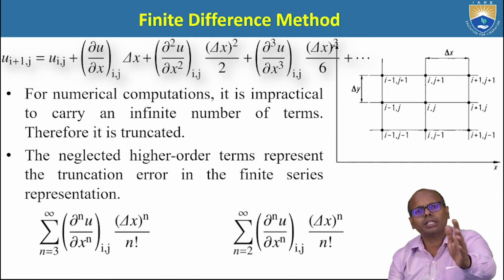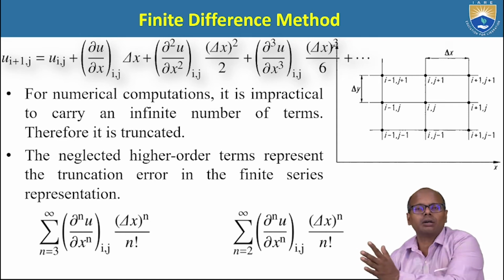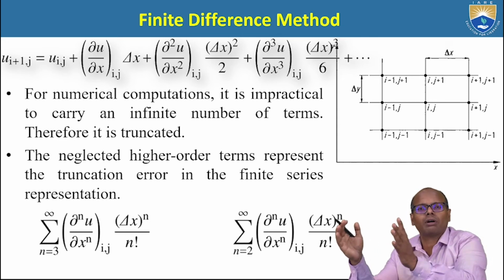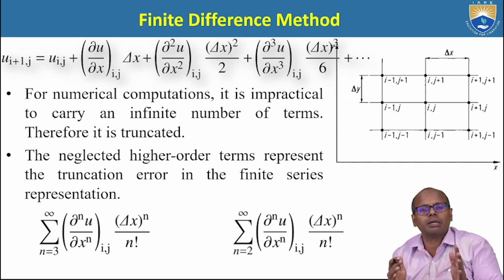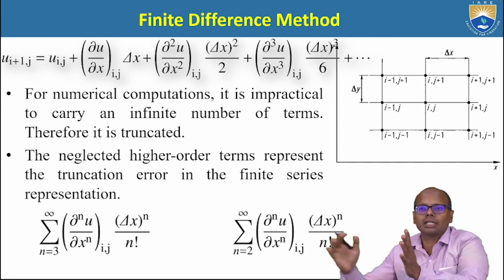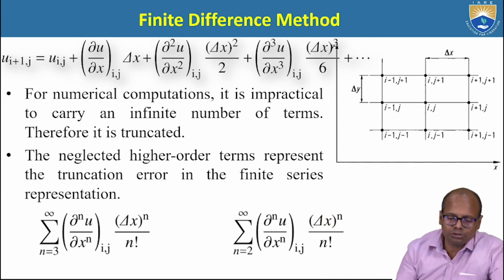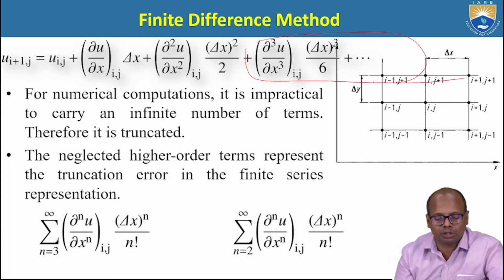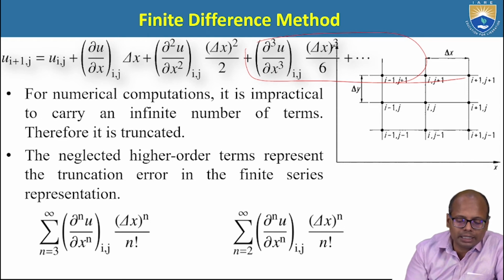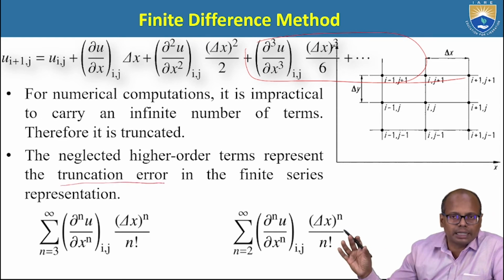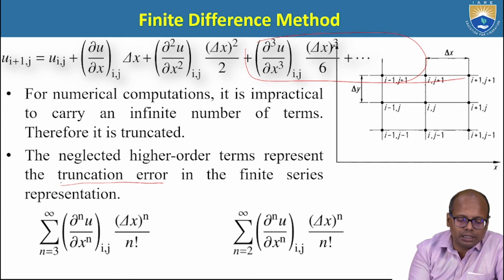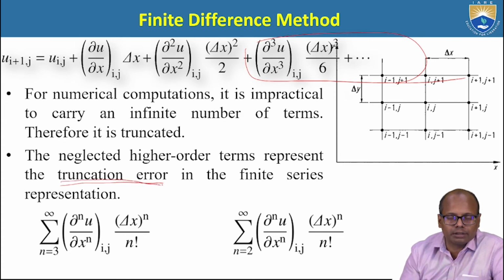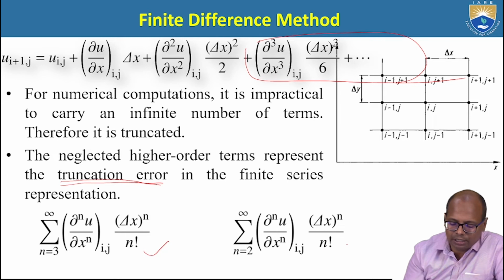Now what is the name given to the term which is neglected? If I truncate up to this equation, the truncated portion is called the truncation error. The terms that are neglected are called the truncation error, and they can be represented like this.